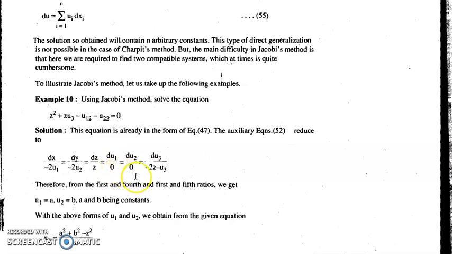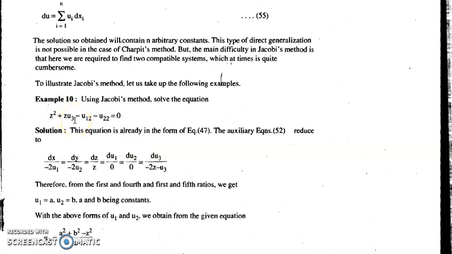Two terms in the denominator are 0, so that gives u1 = a constant a and u2 = b. That gives us two PDEs. We have the first equation and then the equations u1 = a and u2 = b. Now we have u1 and u2, so we can use them to find the value of u3.